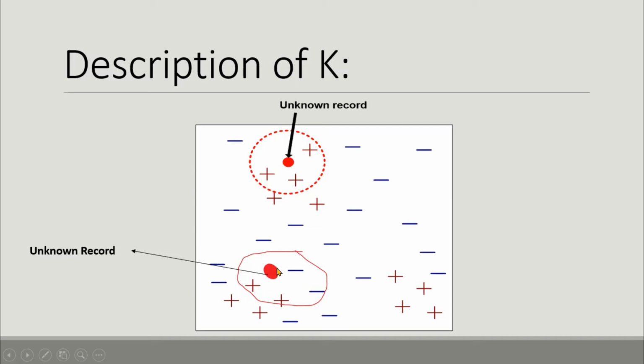Also, the number of positive and negative values is 2 each. So it's the same. That's why we can't predict whether the unknown value is positive or negative. Therefore, the value should be odd to predict the unknown value, and the value is K.